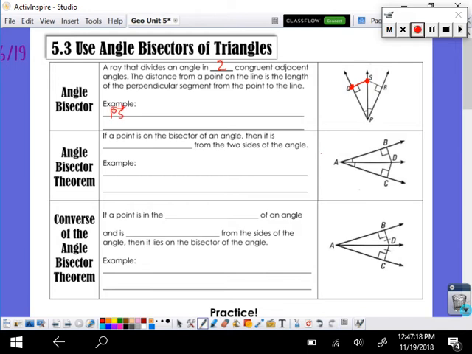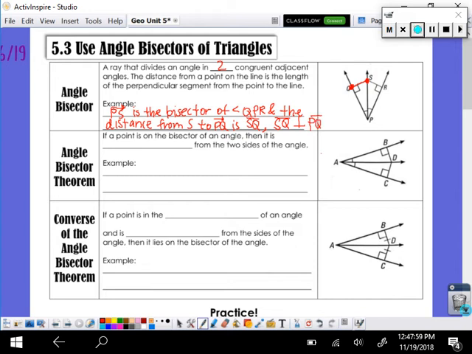Ray PS is the bisector of angle QPR and the distance from S to ray PQ is SQ, with SQ being perpendicular to PQ.